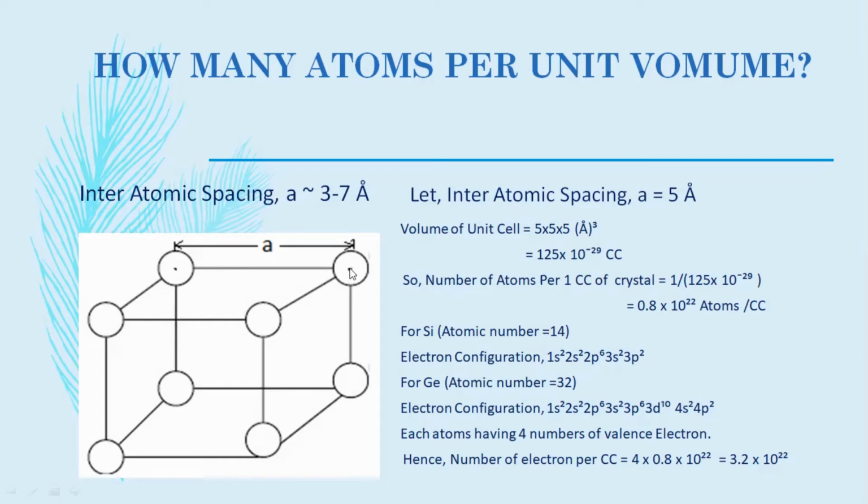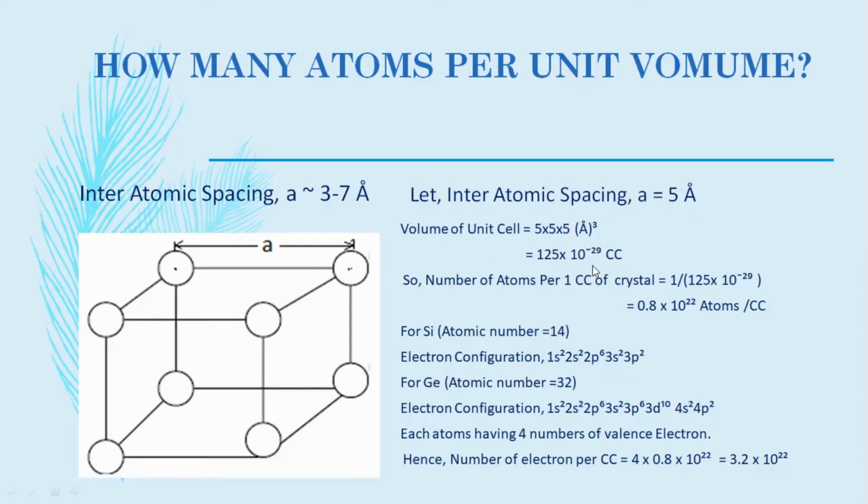That means the center of one atom to the center of the adjacent neighbor atom, we call A, or interatomic spacing, maybe some value 3 to 7 angstrom. Let's consider an example. A particular semiconductor has interatomic distance 5 angstrom. So its volume is 5 into 5 into 5, since a cube is the volume of this unit cell.